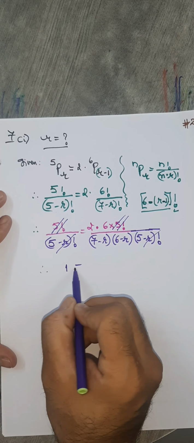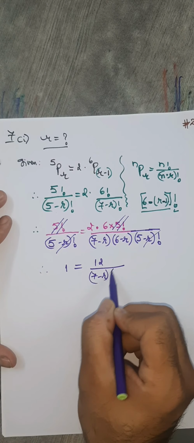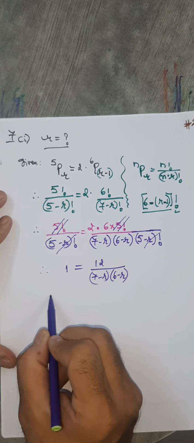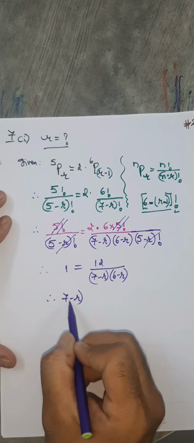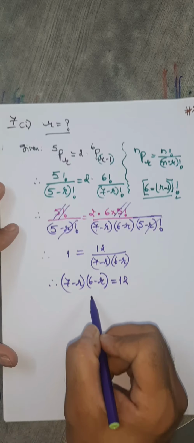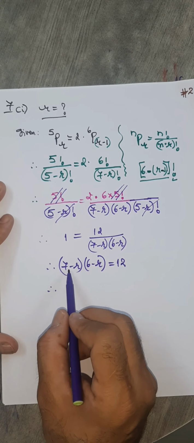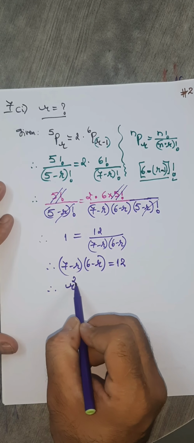This is just 1. This is 12 upon 7 minus r into 6 minus r. So you have 7 minus r into 6 minus r equals 12. Now what we do? We just expand and factorize. So r into r, r square.